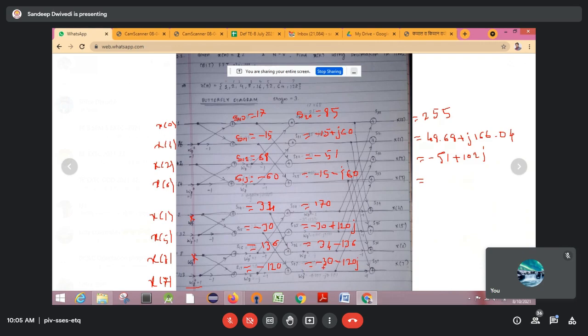That value you need to multiply with minus 13 minus 120j. After multiplying, you need to add this value to minus 15 minus j60.